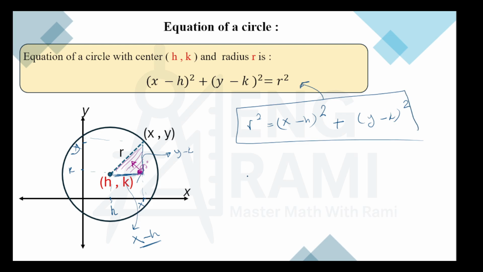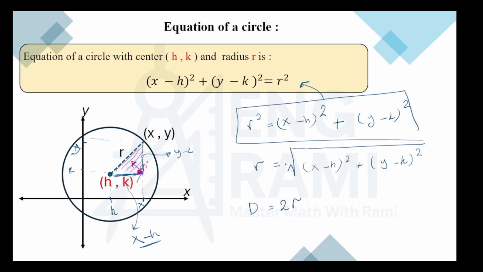And if we just want to find the distance, I mean r, the radius of the circle, it equals the square root of (x minus h) squared plus (y minus k) squared. This is the radius. If you want to find the diameter, it is absolutely 2r.